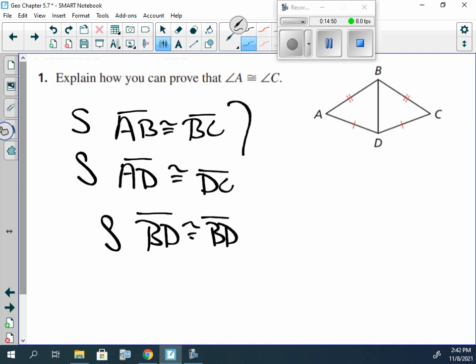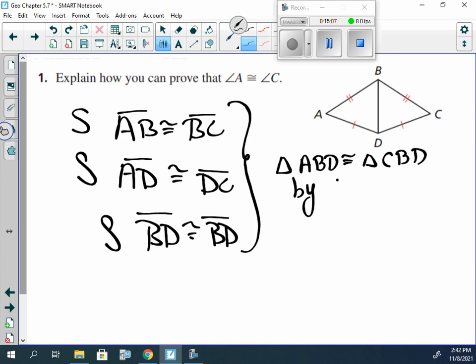Because of this, we can say that what? Therefore, we can say that angle A is congruent to angle C by CPCTC.